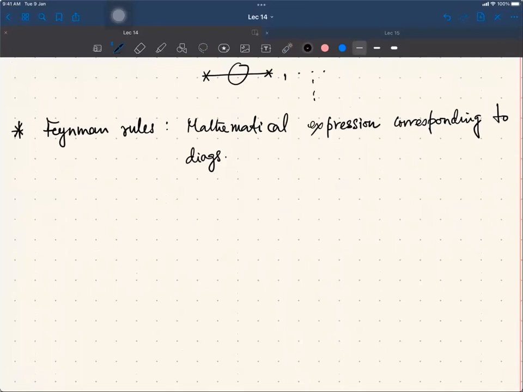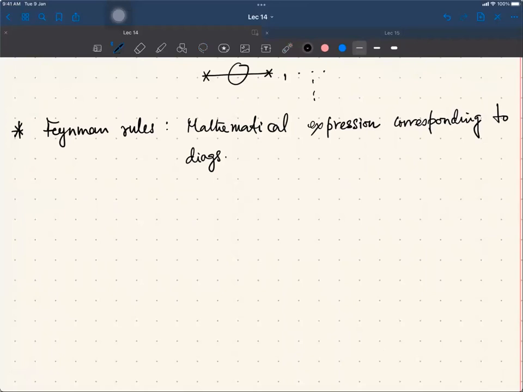And this is what we have done so far, quite in detail. And also we have discussed effective action and so on. But the basic message is that there are diagrams, and then there are mathematical expressions corresponding to those diagrams. But we haven't evaluated those mathematical expressions, which is our next job.